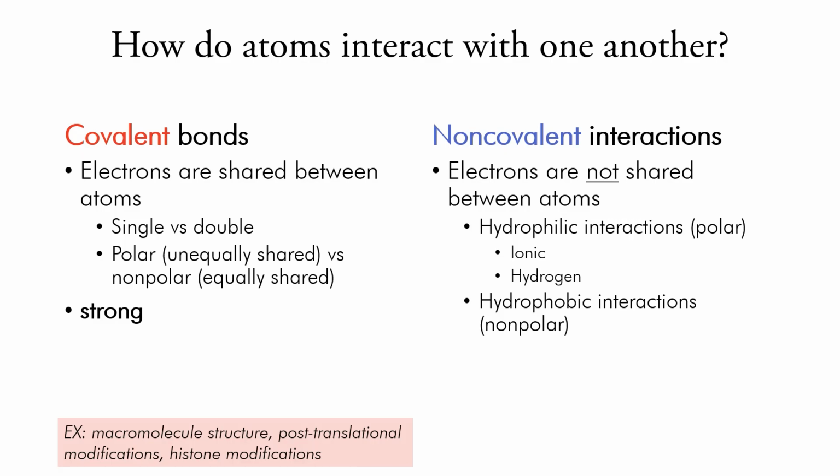Or you could have a hydrogen bond, where you have hydrogens interacting with oxygens, and I'll point out a few examples of this as we go throughout this mini lecture.